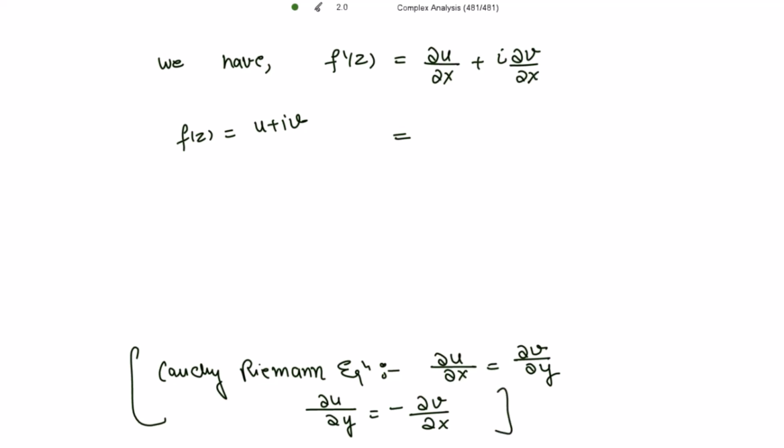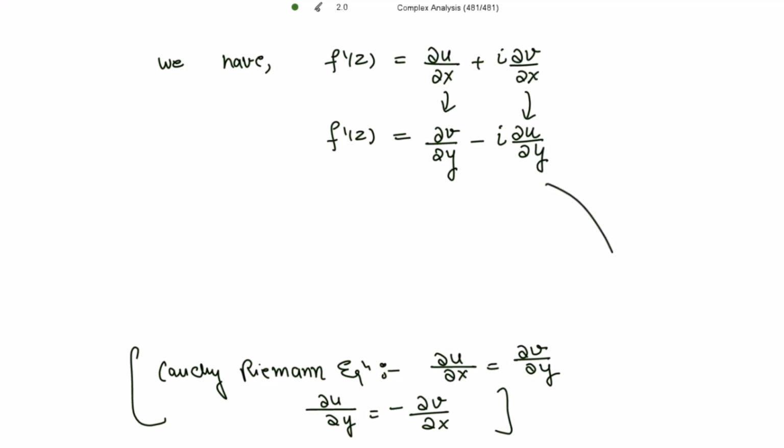So I can also write f'(z) to be equal to the partial derivative of v with respect to y, minus iota times the partial derivative of u with respect to y. So these are by the use of the Cauchy-Riemann equations. Please take this as your remark, learn this.